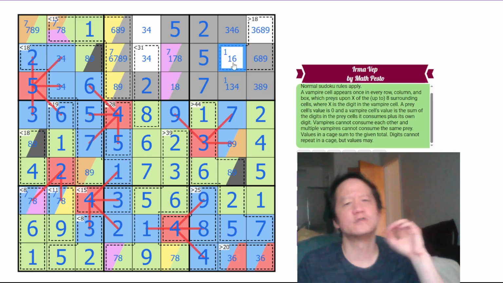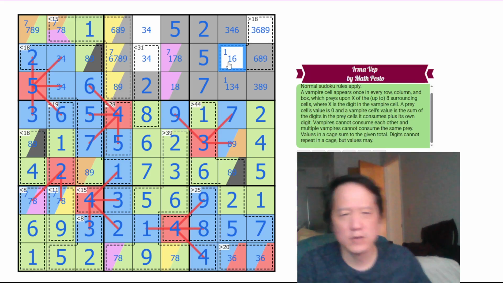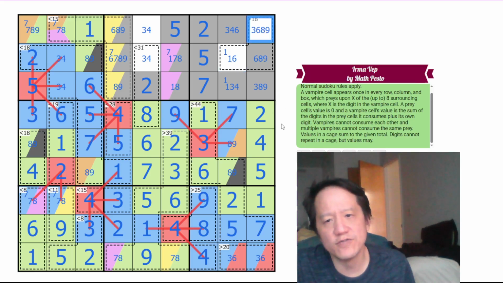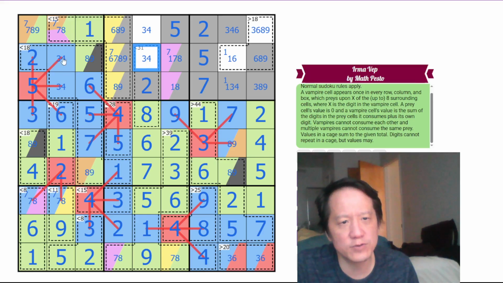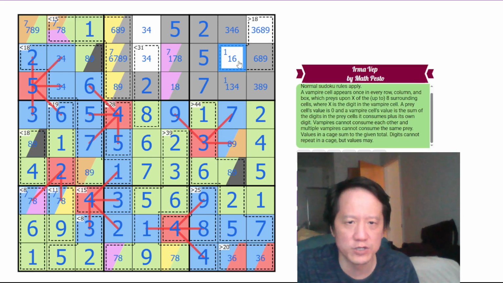Oh, that's interesting. Okay. So if this is 3 in the vampire, that means this is 6. This 3 means this is 4, which makes that 3, which makes that 4, which makes that 3. That makes this 4. The only other place for 1 is here.